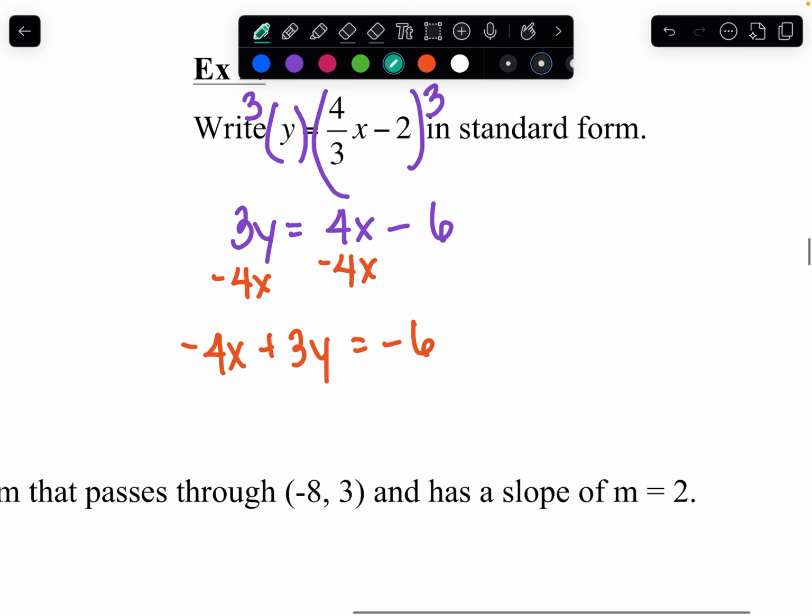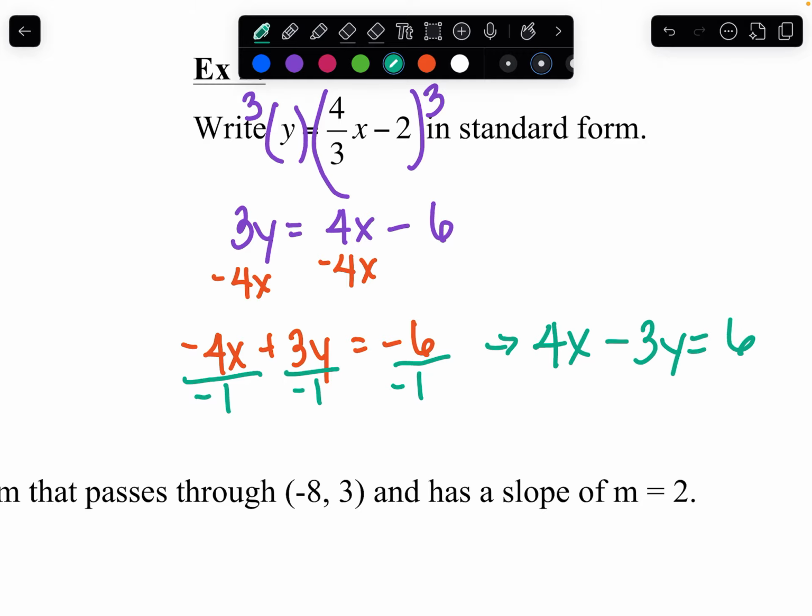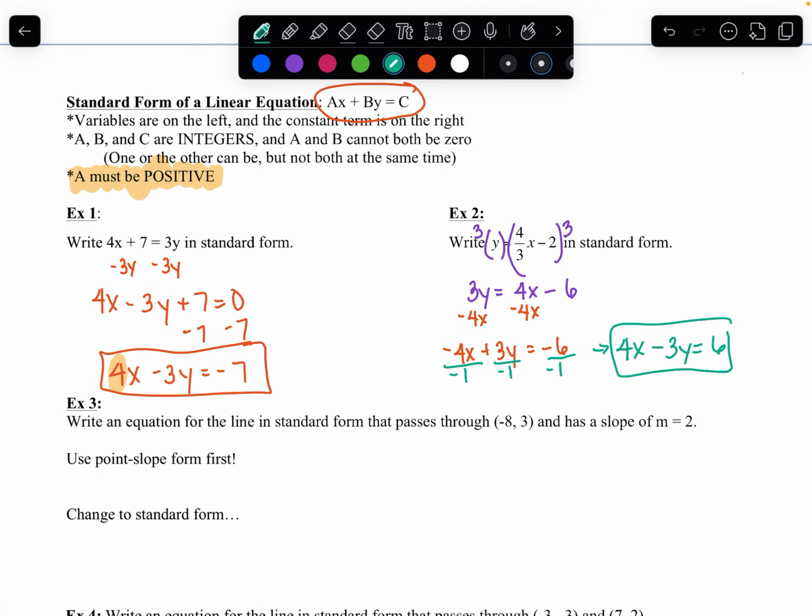Now, we're not done because a is not positive. So we're going to change all of our signs. We're going to divide everything by -1, which will give us positive 4x minus 3y equals 6. That would be our standard form because, again, our a value has to be positive.